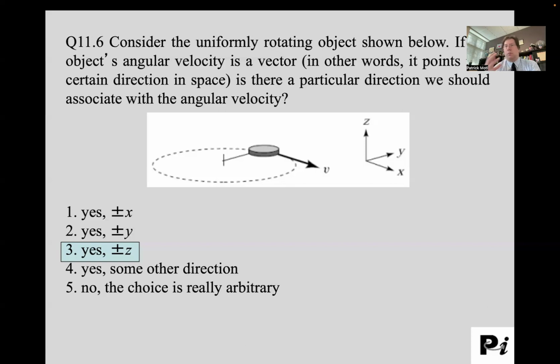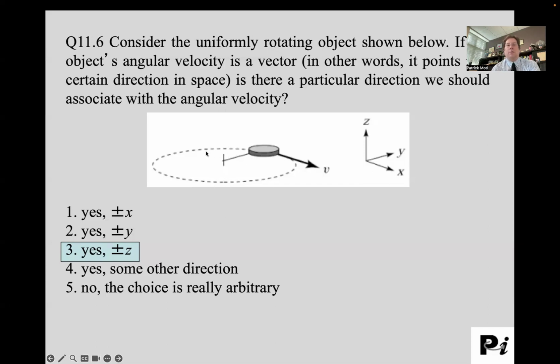And so I could describe it at an instant in terms of what direction the linear velocity is going. But what makes sense as a unique direction to describe this motion is along the z-axis, either positive or negative. We'll get to which in just a second.